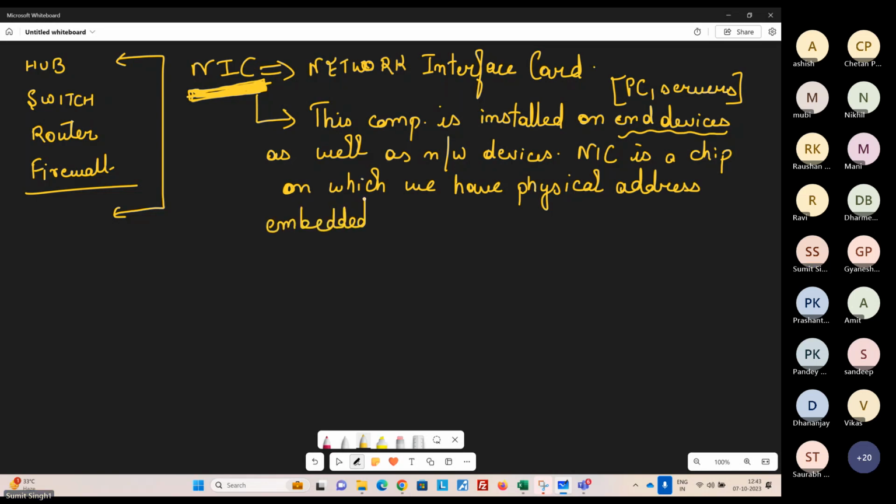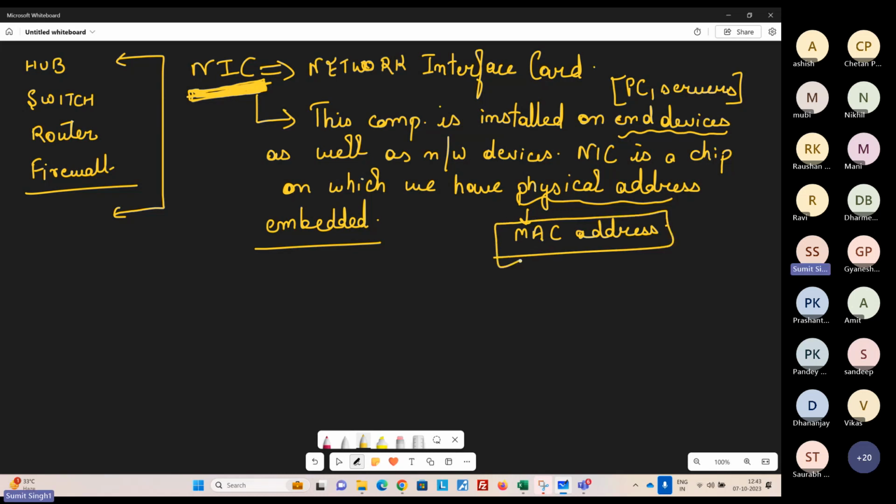And what is this physical address? This physical address is known as MAC address, media access control. We'll talk more about MAC address, don't worry. Every networking device that is doing networking has a NIC hard coded into it, and on that NIC you have a physical address associated.